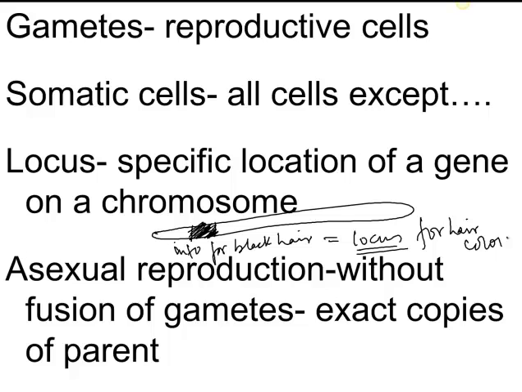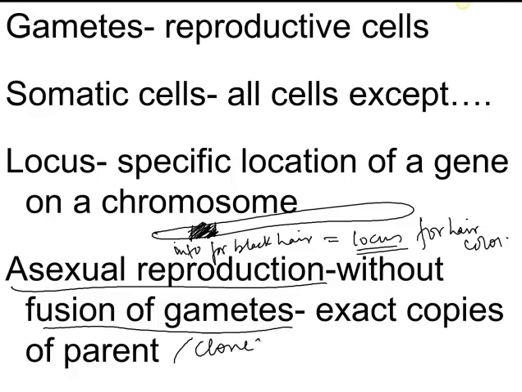On the other hand, asexual reproduction is reproduction without the need of a partner, and there is no fusion of gametes. They are exact copies or clones of the parents, kind of like if you have a rose plant, and you take one cutting and put it into another place. This is exactly the same as the original plant. This kind of propagation is asexual propagation.